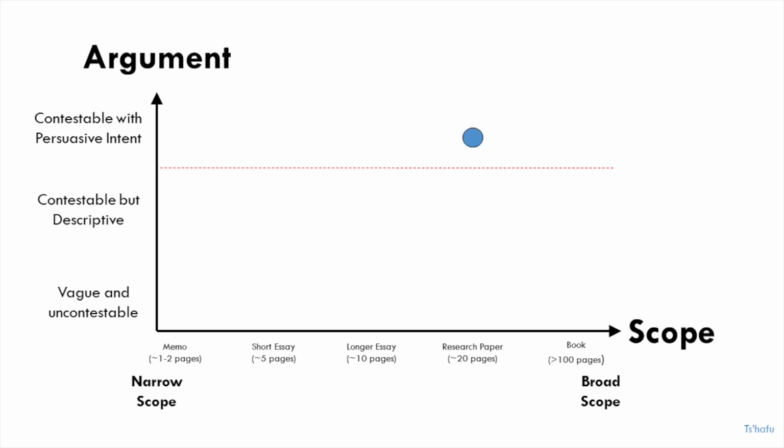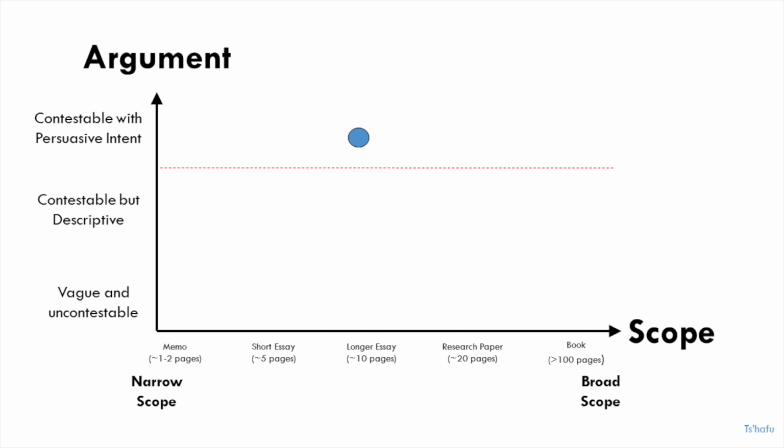So the key thing when we think about the thesis evaluation graph is that we want to think along these two dimensions. The first being the argument, that is, the thesis is contestable with a clear persuasive intent. And second, the scope, that is, the thesis is scale appropriate such that it can be proven within the length of your paper. And that is it.